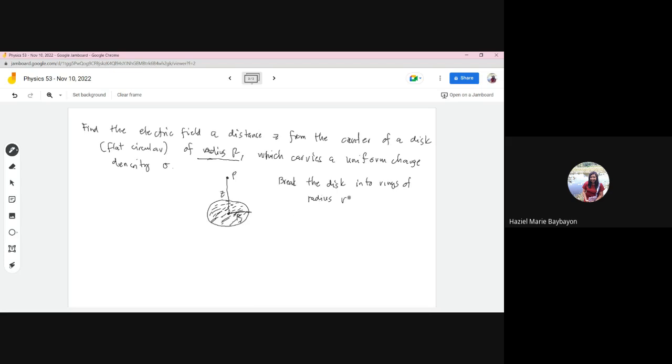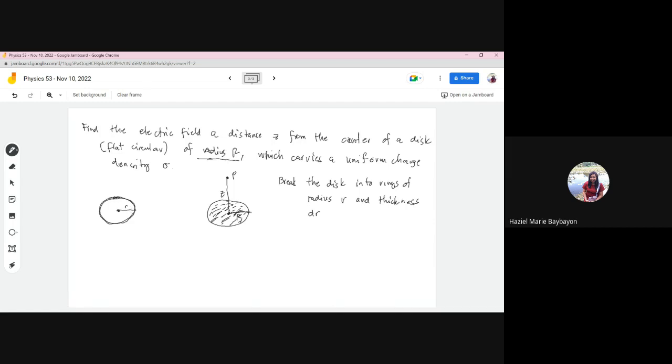So the ring has radius r and a thickness dr. Maybe the ring looks like this, with a thickness like this. The thickness is dr, and the radius with respect to the center is r.